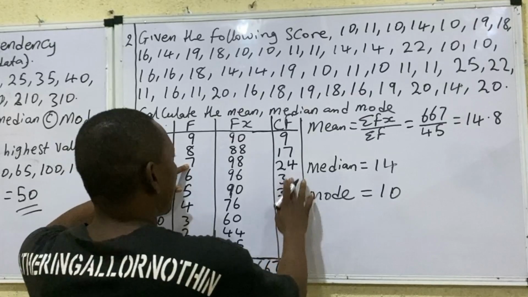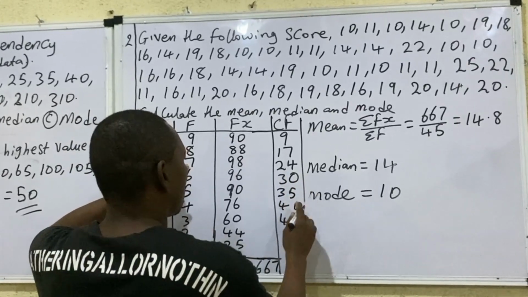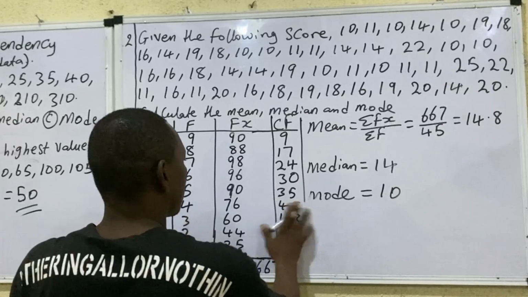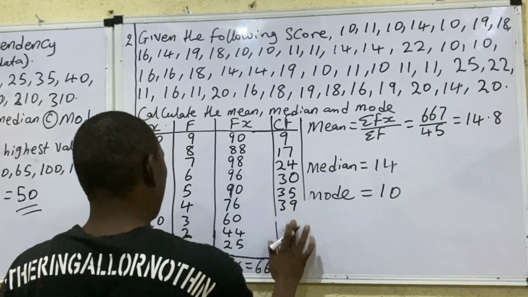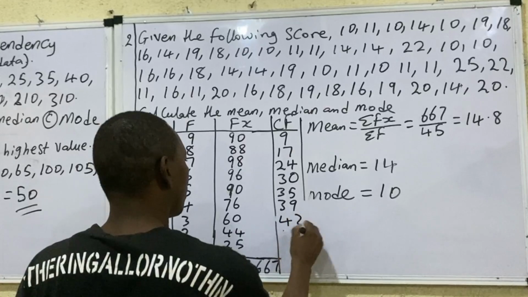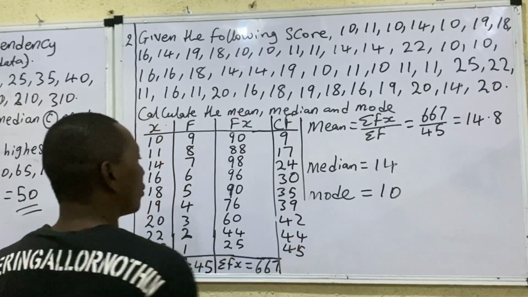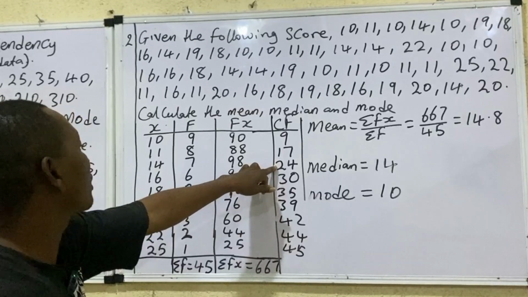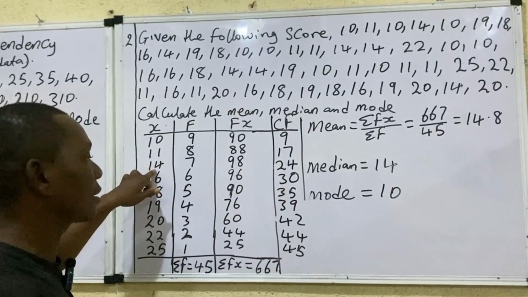Then here is actually 30. Here is 35. Here is 39. And here is actually 42, 44, and 45. Now, note that the 23rd number is inside this place. And this is the 14.